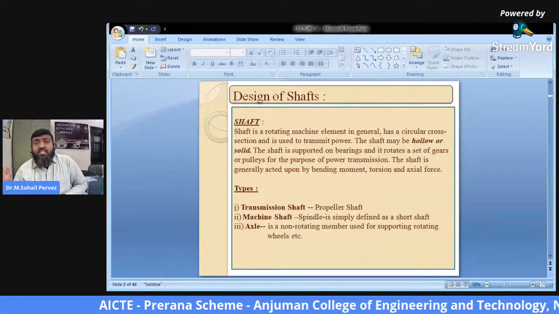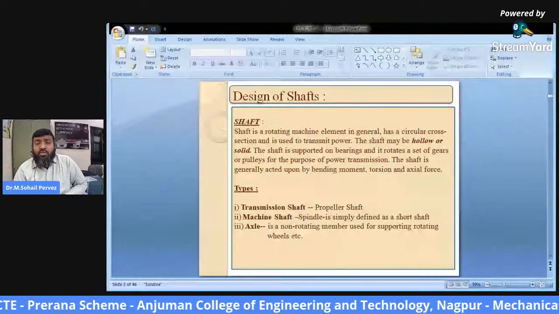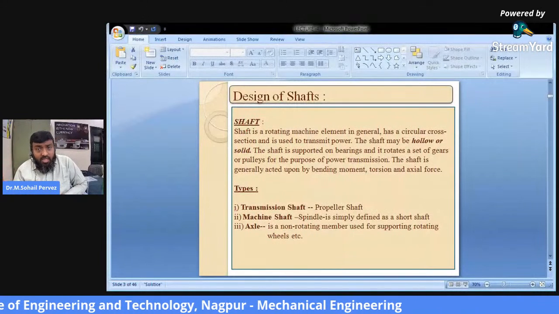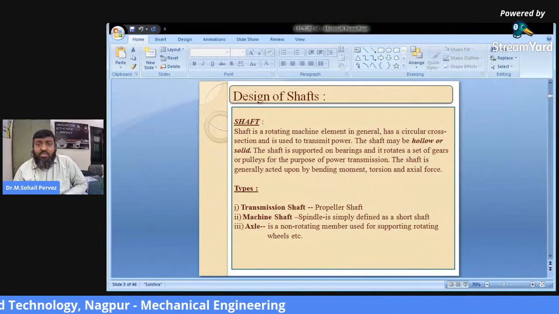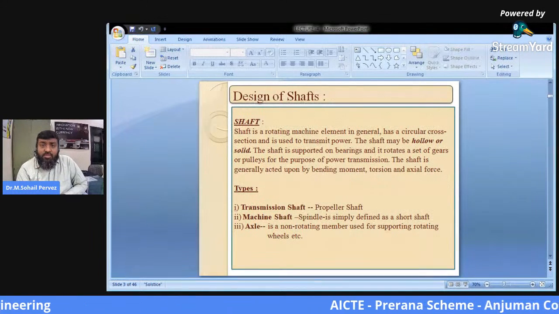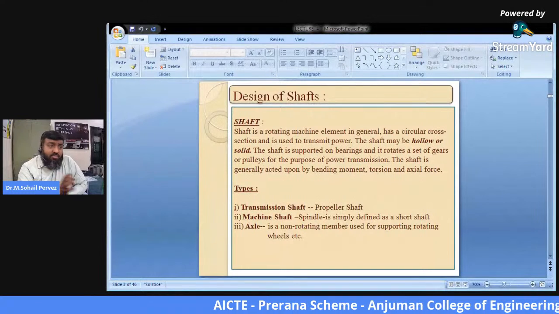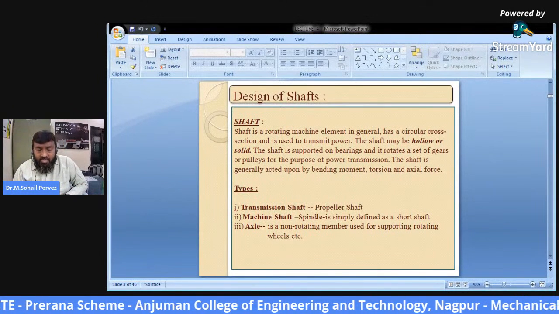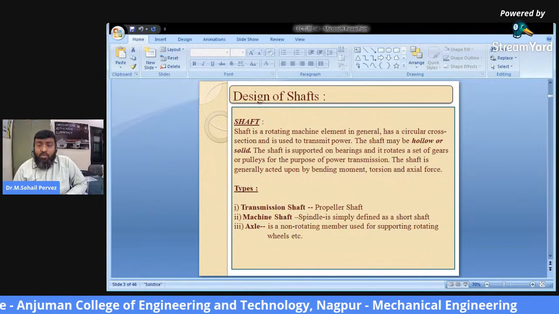Now, the shaft does not produce power of its own. Basically, it only transmits. So from these sources, the shaft tries to transmit power from source to some sink. That sink may be machineries, assemblies, automobiles.